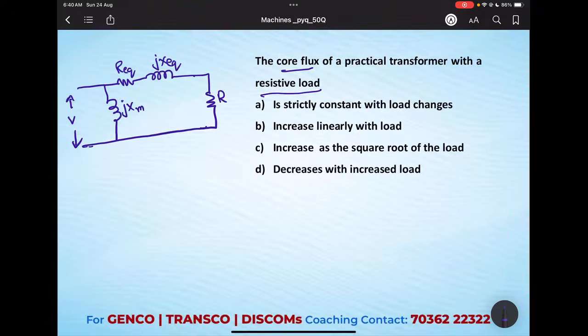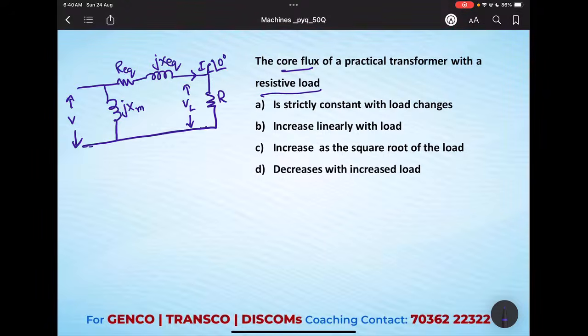They are telling resistive load, so resistive load R. This is the current IR or IL. The voltage across it we take as VL. Since it is a resistive load, it will be in phasor.